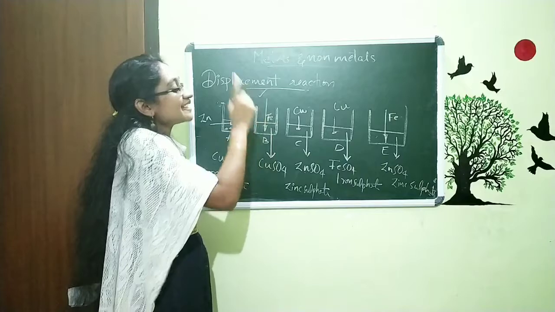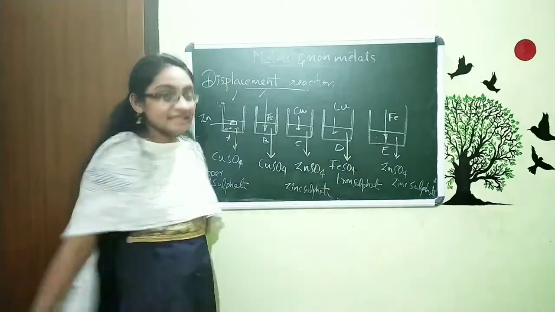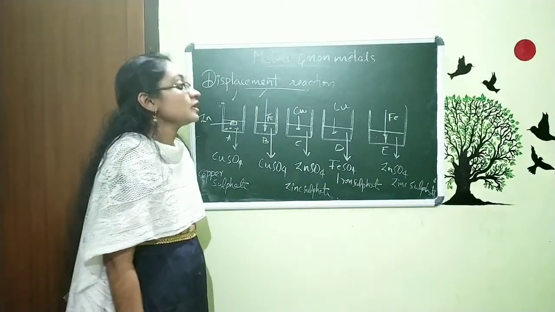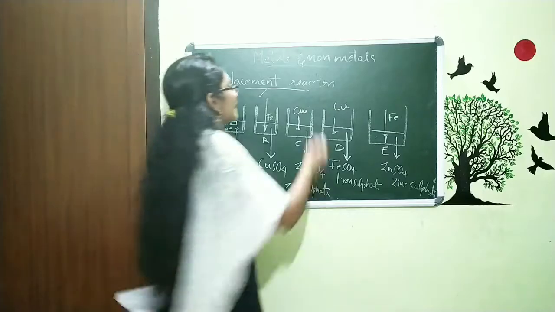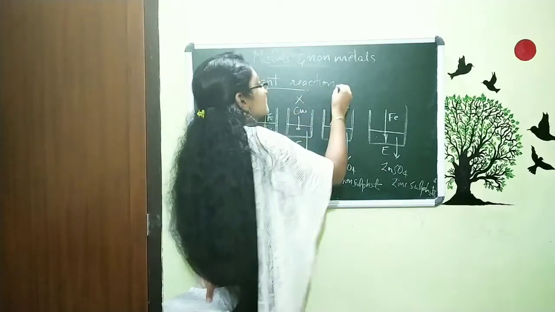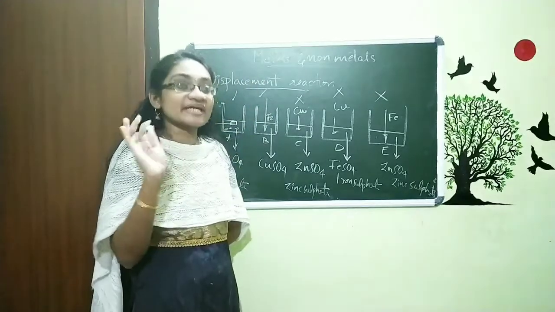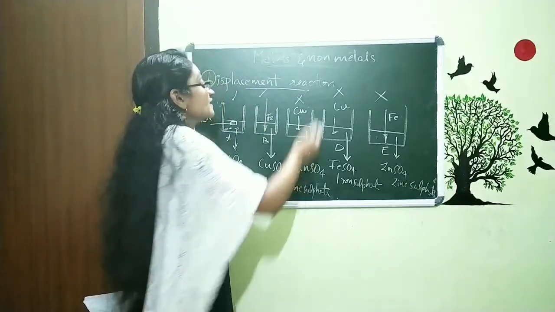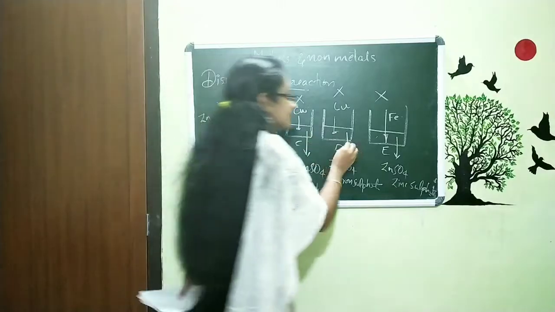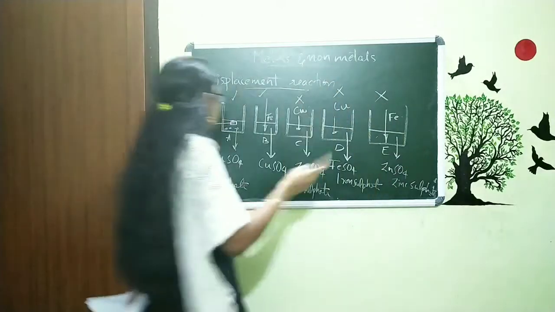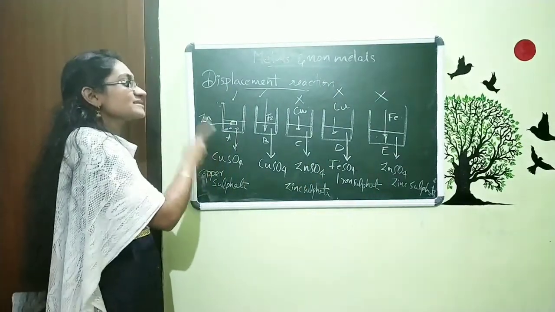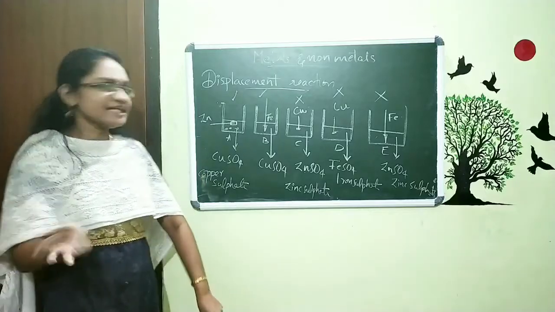And what about C, D and E? When you observe the diagram, you can understand that there are no such changes. That means no reaction occurs for C, D and E. But here in A and B there occur certain changes.